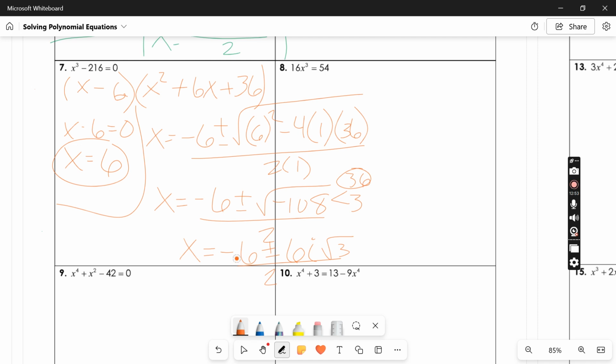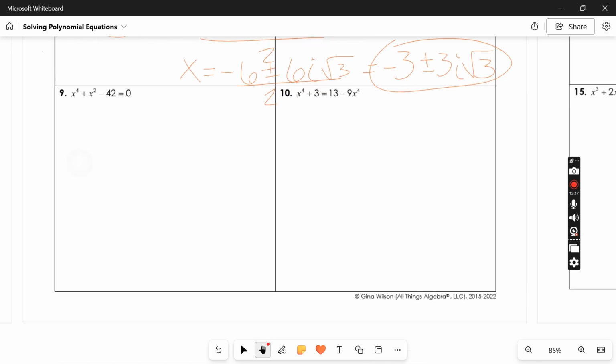This time when I'm looking at this, I have negative 6, a positive 6, and a positive 2. I can divide all of those by 2, so I'm going to. This will be negative 3 plus and minus 3i square root of 3. You can put it all over 1 if you want to, but dividing by 1 does not change anything, so I don't have to write it.